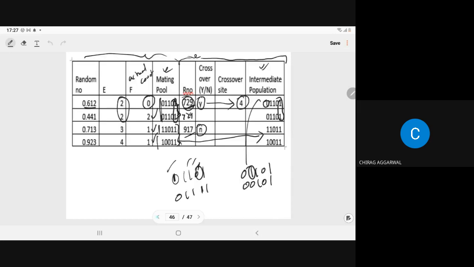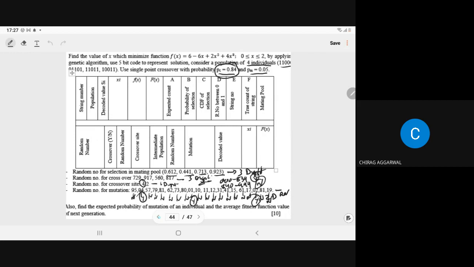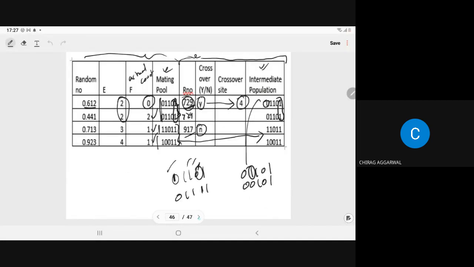After the ninth one, we have 10, 11, 12, 13, 14, 15. There is no change in the 15. Then 16, 17, 18. For the 18, this one is 1, 0, 0, 1, 0, 0, 1, 1.